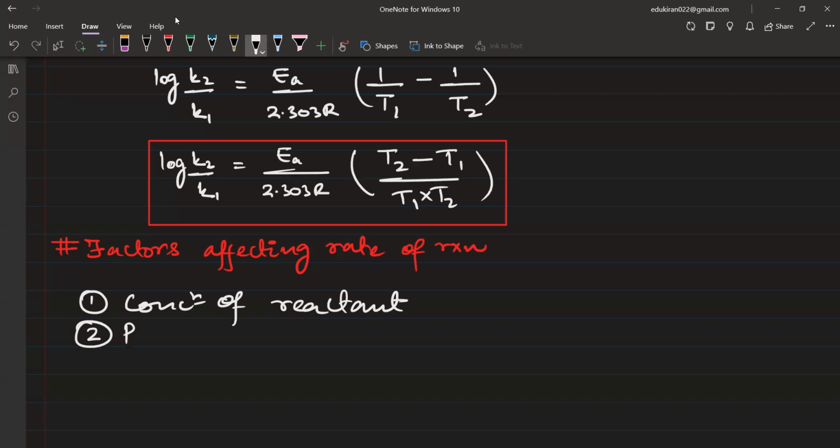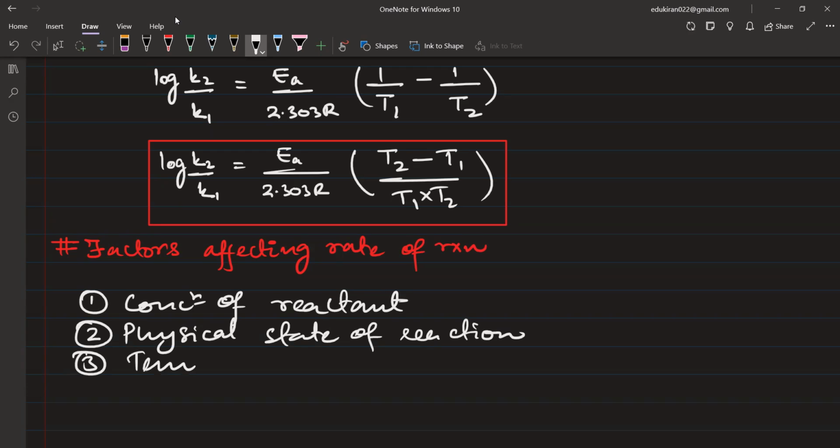Number two, the physical state of reaction. Number three, temperature. Number four, catalyst.